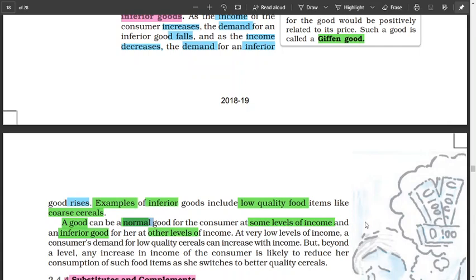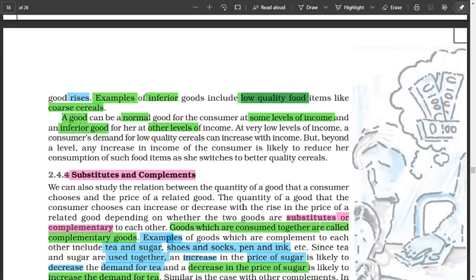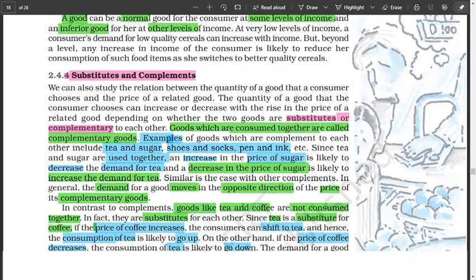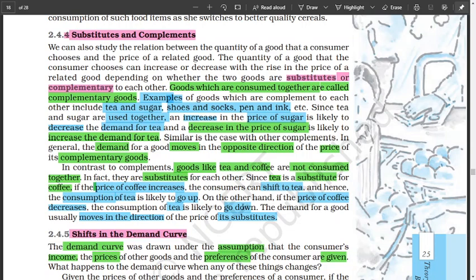Like this low quality food, it's an inferior good, but while you don't have money at that time, it's normal. But when you have more money, that same commodity, that same food becomes inferior. So this same commodity can change from normal to inferior depending on the money that you have. That's the first distinction between goods of normal and inferior quality.